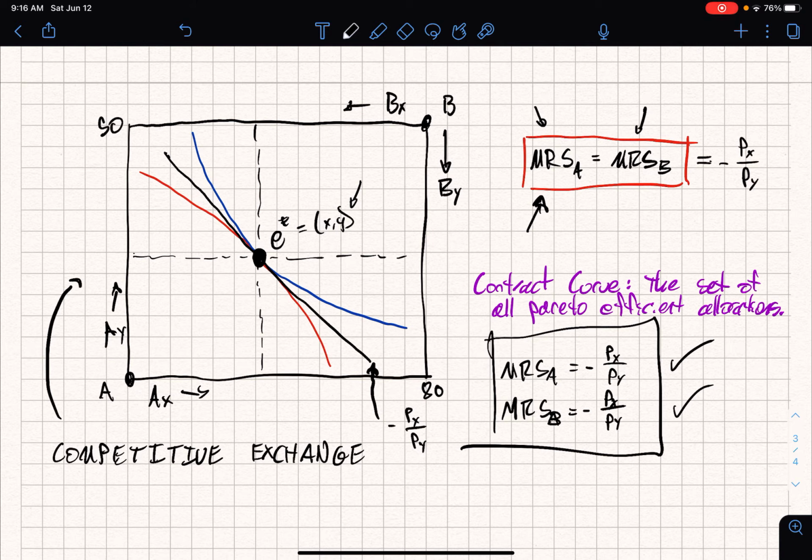Okay, so this is the high level. We're going to take a step into production and efficiency. In demos coming up and in your homework, we're going to actually walk through and solve these types of problems, these Edgeworth boxes.